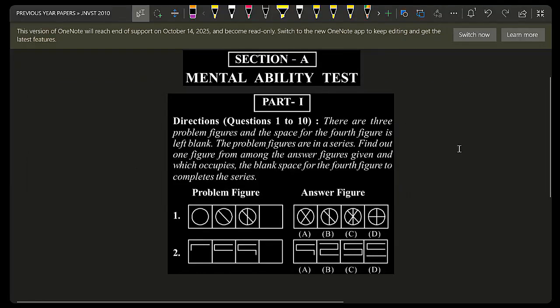Section A, mental ability test. Part 1. The directions for question number 1 to 10.